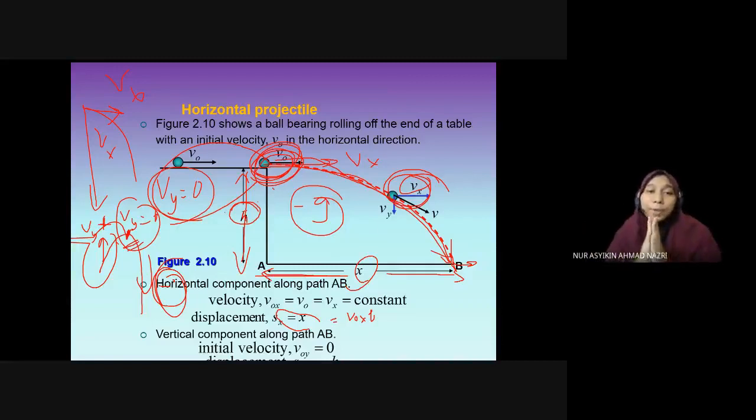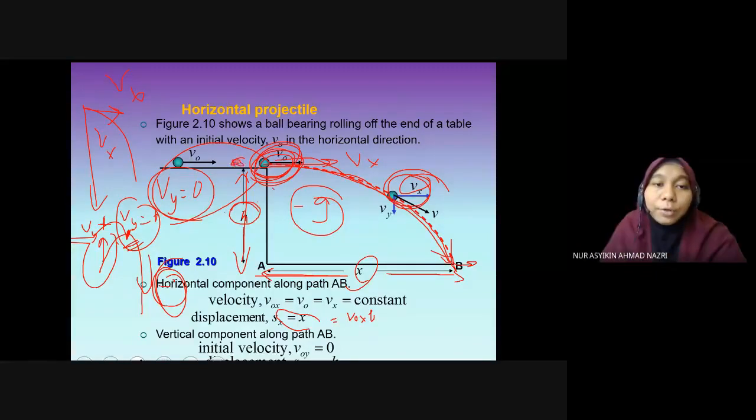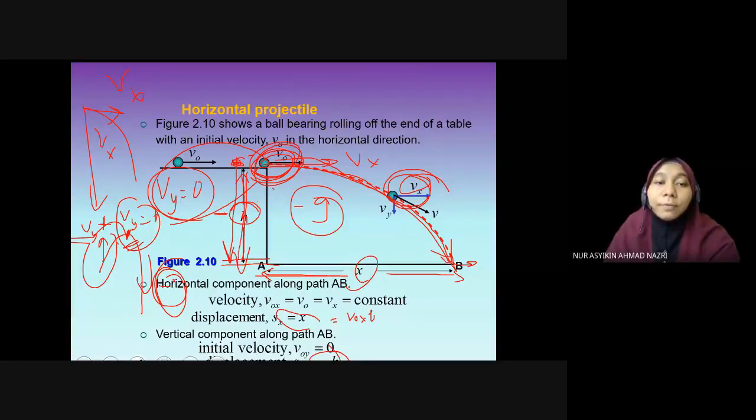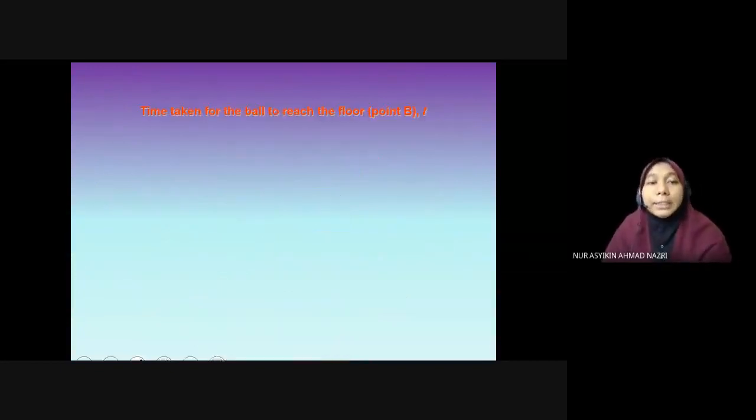So from here, which is your origin, anything below this becomes negative, so here you have a negative displacement. But if the question asks you to find the height of this table, you need to put positive. If the question asks for the displacement for the y component, then you should put negative.